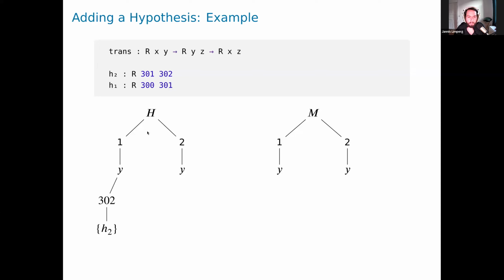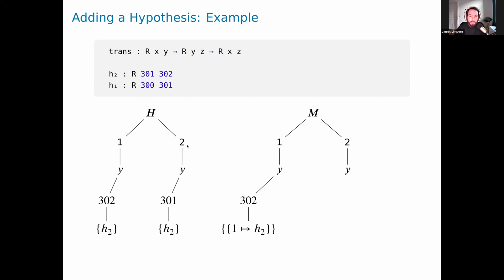Now, anytime that we add a hypothesis for slot 1, we can also consider it as a partial match with just one hypothesis in it. So we also add it to the match map with exactly the same path here. And we consider the partial match mapping slot 1 to H2. And we can also match H2 against slot 2 of the rule, which is this R y z up here.